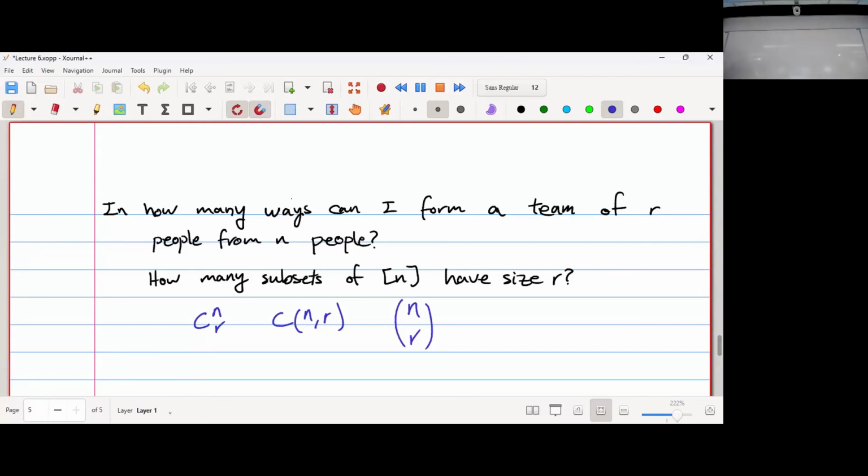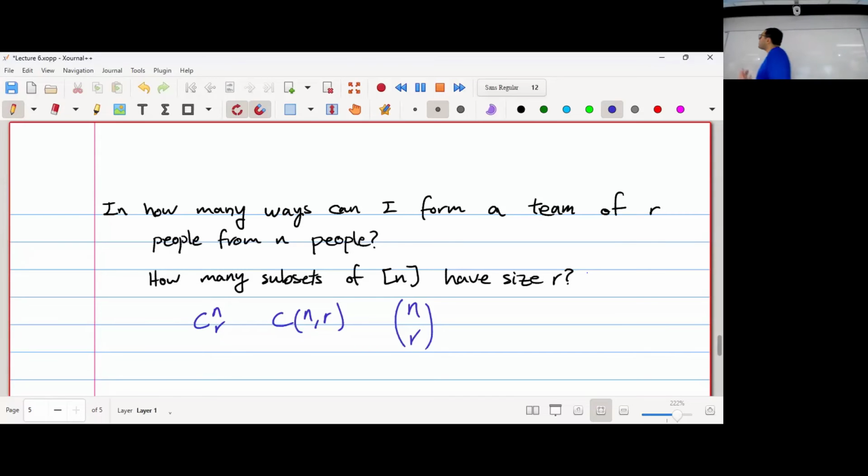But this C usually stands for combination. So how many combinations of R elements can we have of a set of n elements? Okay, so I also use this notation because I just like it more. So n choose R, but in the textbooks, you will see all of these and they're all the same.